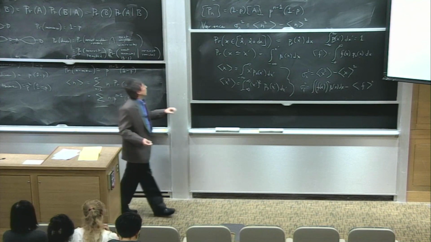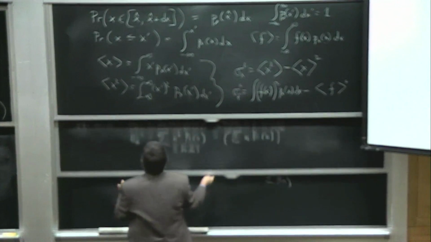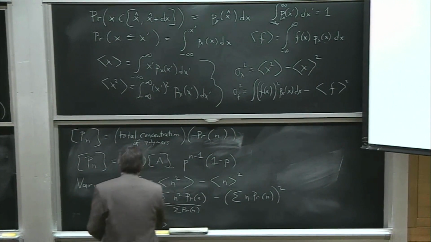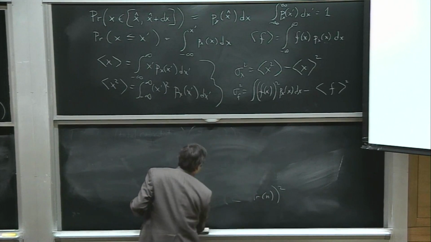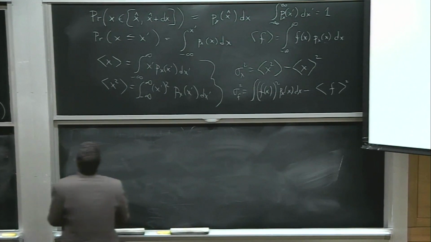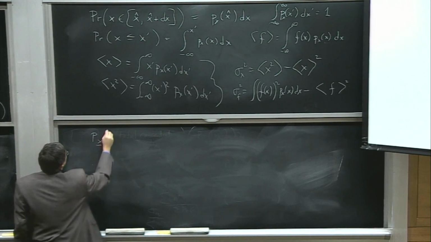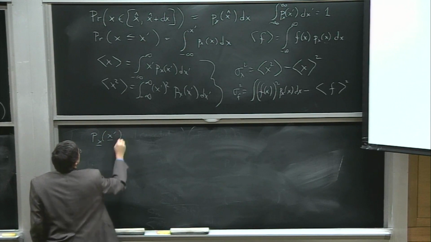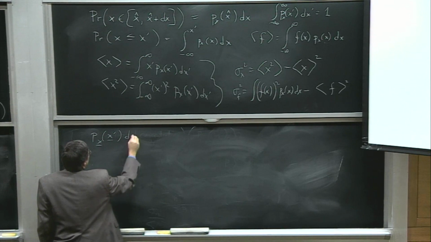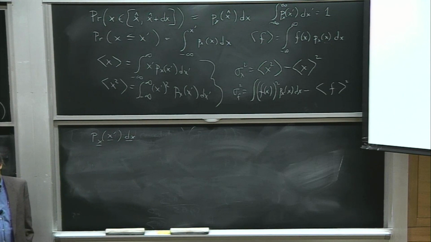You can also have, often we have multiple variables. So you can define p(x-vector). Now I have multiple x's, more than one variable x, and I want the probability density function.